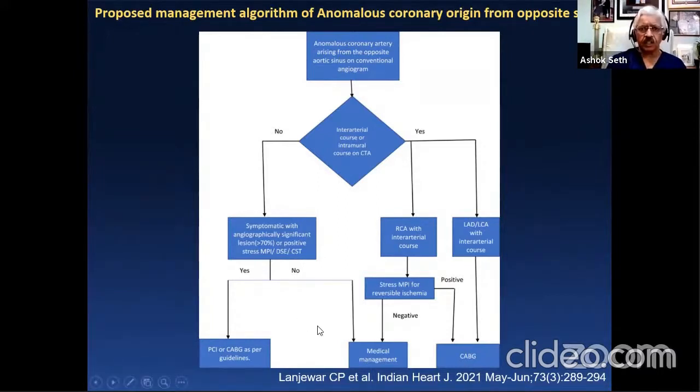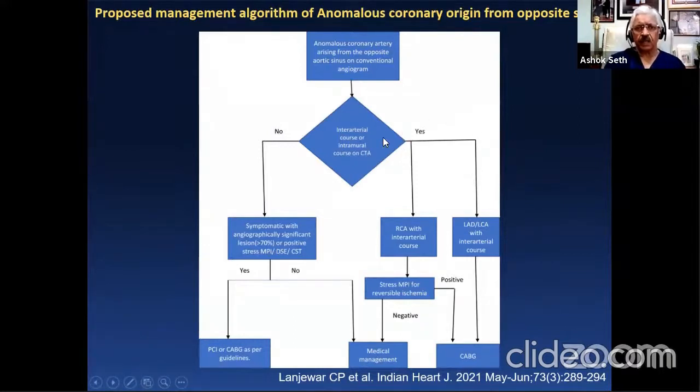On the CTA, if symptomatic with an angiographically significant lesion, more than 70%, or a positive stress MPI, yes, you can do an angioplasty or bypass surgery. If there's profound ischemia and a lesion, we prefer angioplasty. And if there is no ischemia demonstrated or no lesion in the vessel, it's medical management.